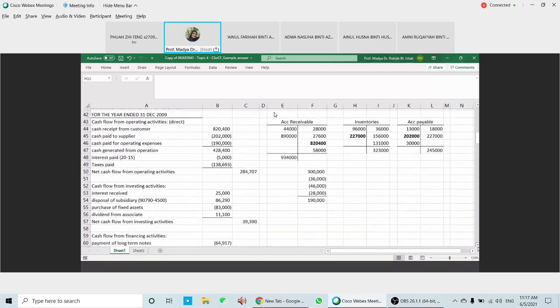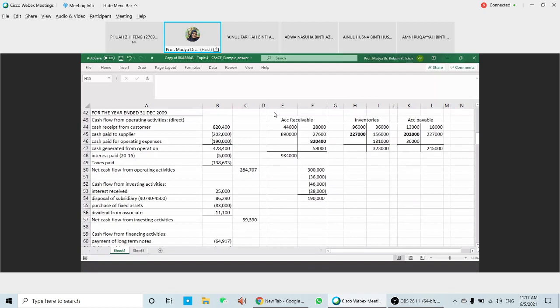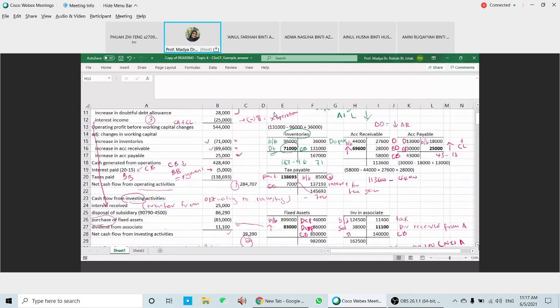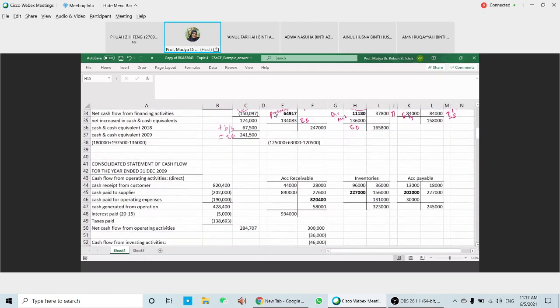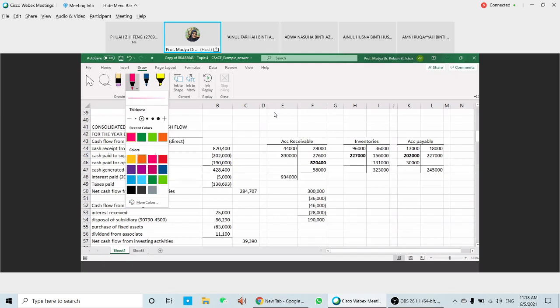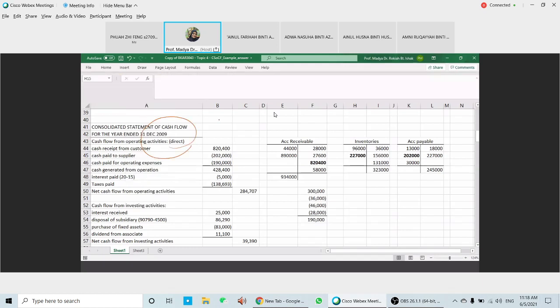For the direct method, the difference is only in the operating activities. Only this item makes a difference. The rest is similar. At the end the figure is the same.